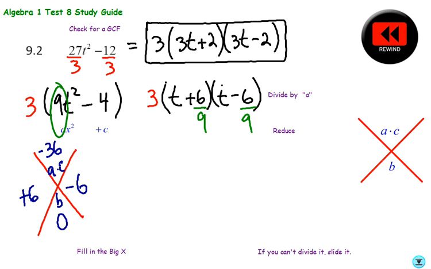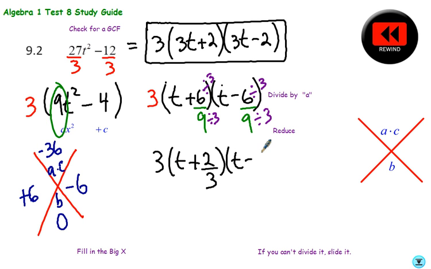Before I slide it, I'm going to have to reduce it. Let me divide by 3, because that's what will go into each of them. And so when I reduce those fractions, I end up with t plus 2 over 3 and t minus 2 over 3.